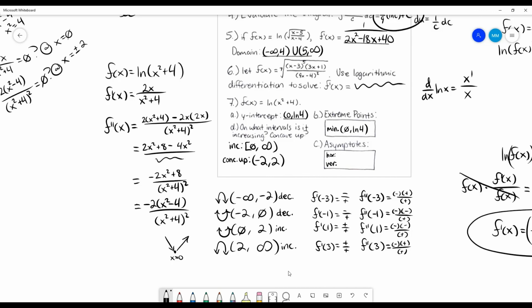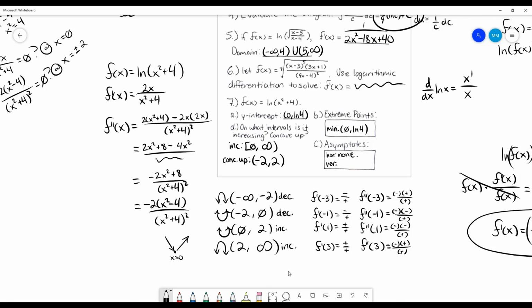I always mix up my asymptotes. Okay. Right, so logarithms, including natural logarithms, do not ever have any horizontal asymptotes. So horizontal asymptotes are none.